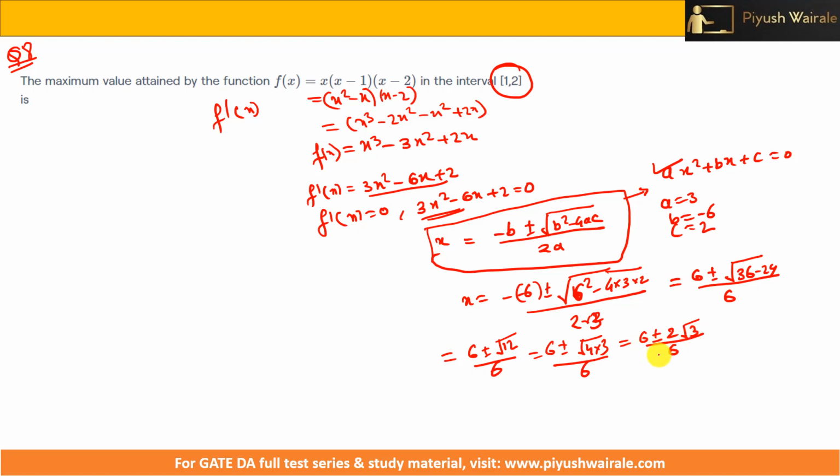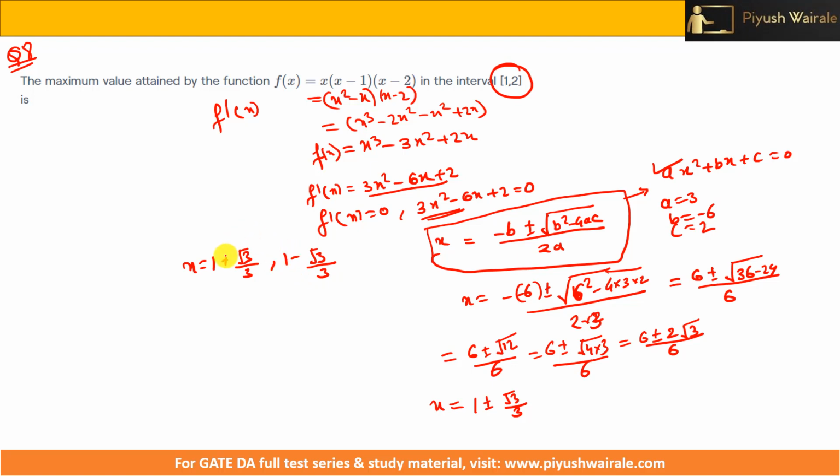Now if I just divide by 6, I will get 1 plus minus root 3 by 3. So this is the root of this equation. My stationary points are x equals 1 plus root 3 by 3 and 1 minus root 3 by 3.